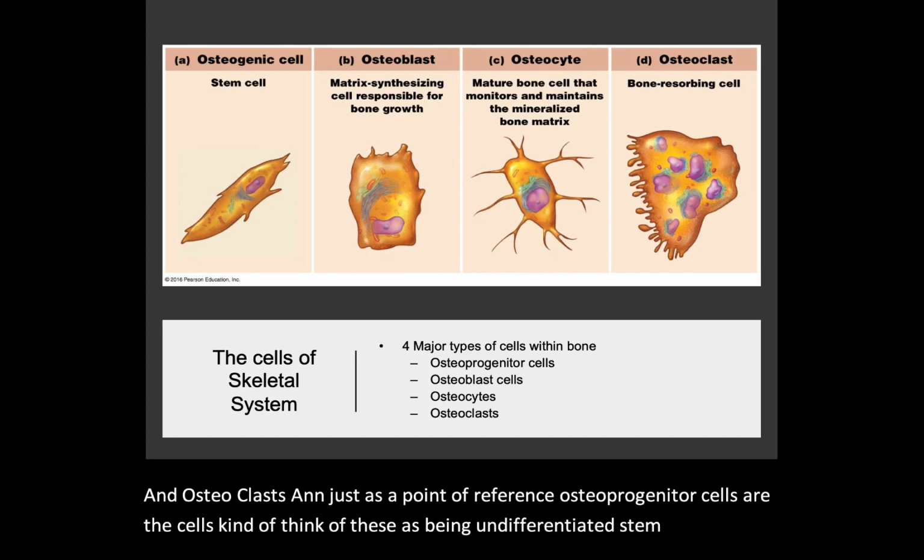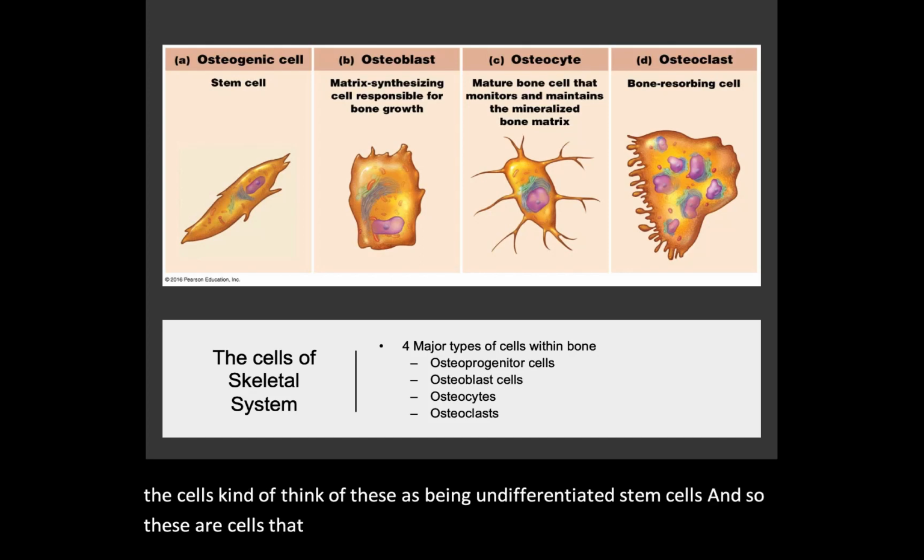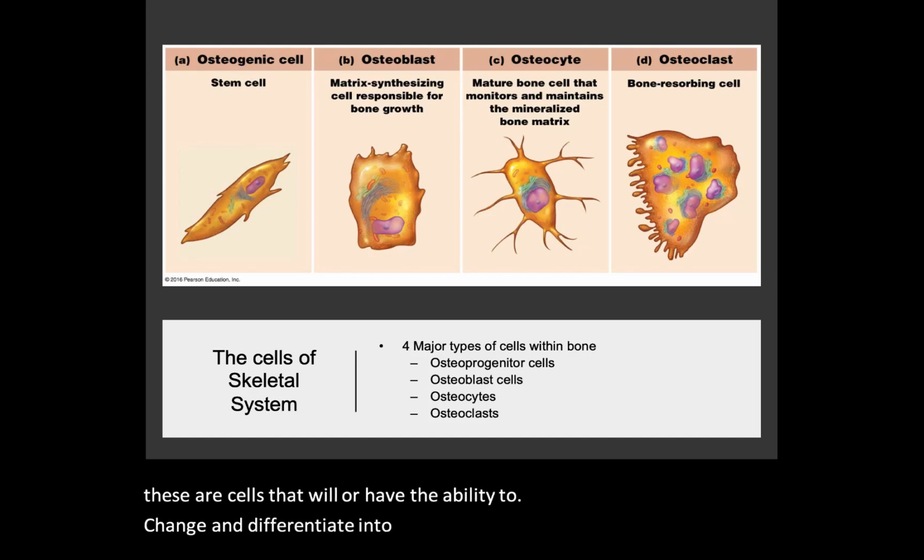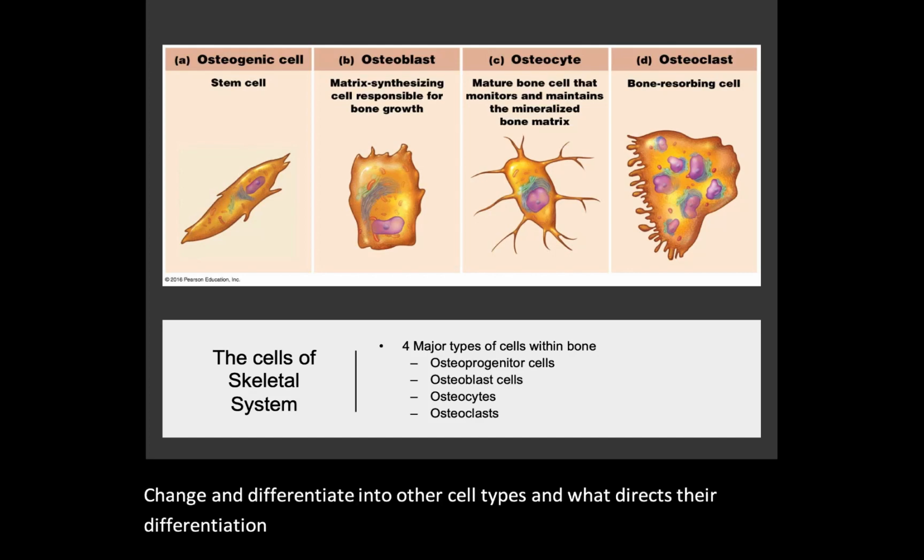These are cells that have the ability to change and differentiate into other cell types. And what directs their differentiation is hormones. In comes negative feedback.